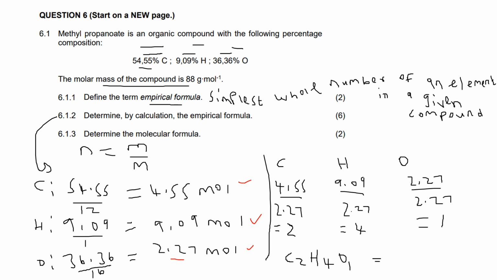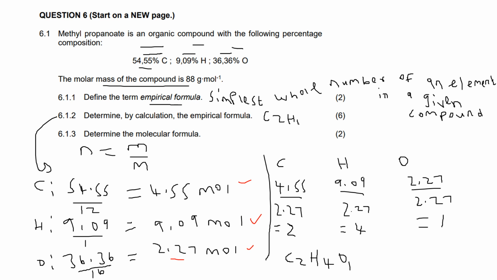It'll be the same thing, but it's fine, just put them as 1. O1 is fine. So that will be your empirical formula for question 6.1.2. It's C2H4O1.